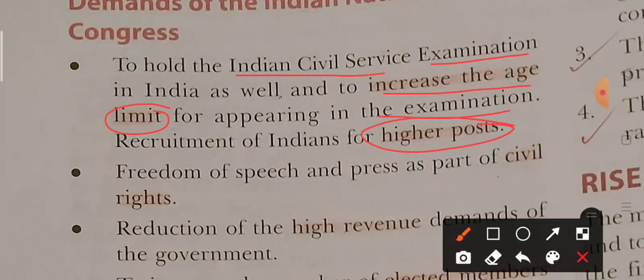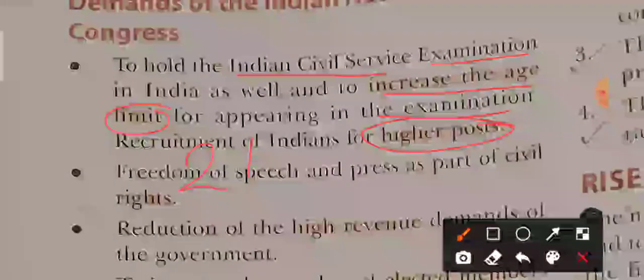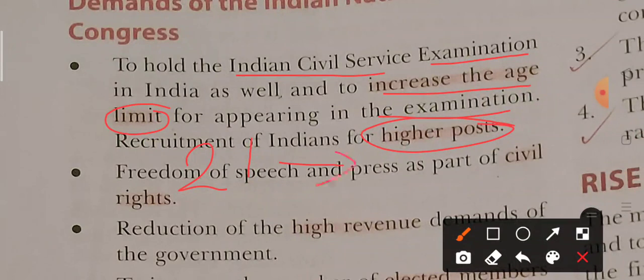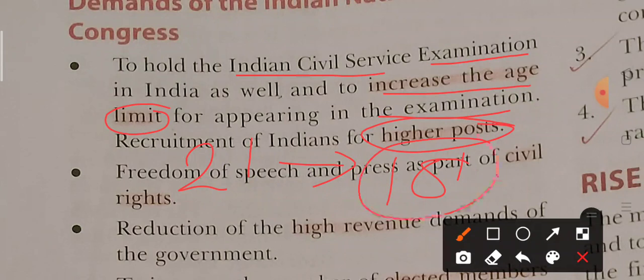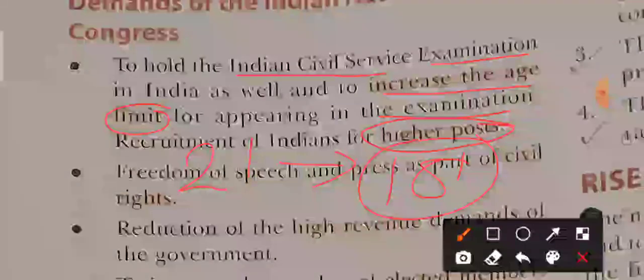After that, Lord Lytton introduced some other acts. The most popular one reduced the Indian Civil Services examination age limit from 21 to 18 years.